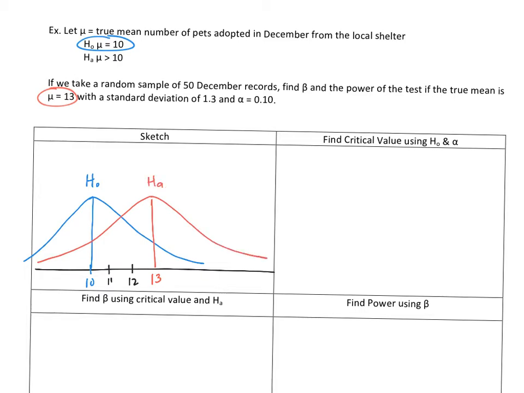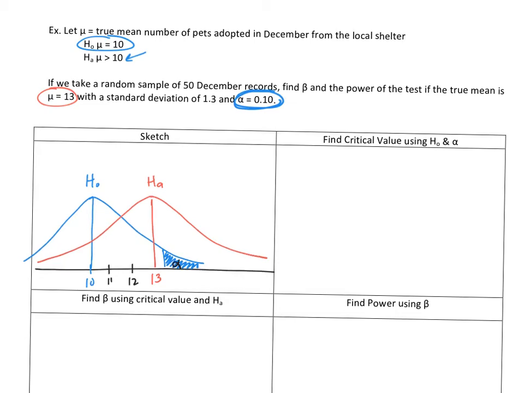All right, so we're going to look at the null curve first. Alpha is equal to 0.10, and this is an upper tailed test. So on the null curve, I'm going to guesstimate where this is. I don't really know where alpha lies exactly, but it's somewhere in this upper tail. This is kind of to help me.